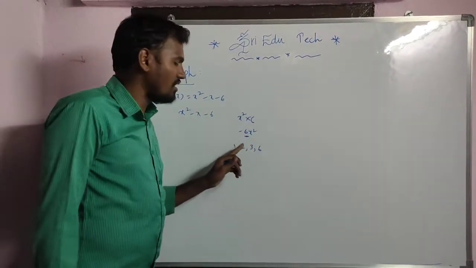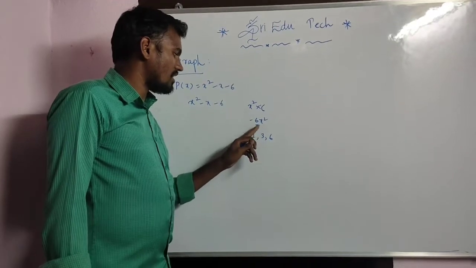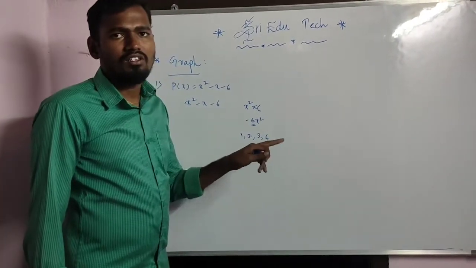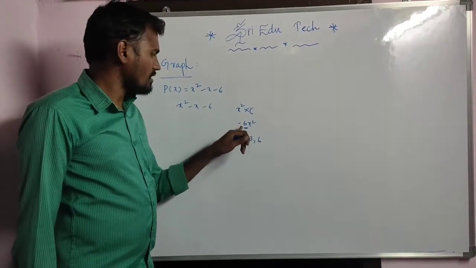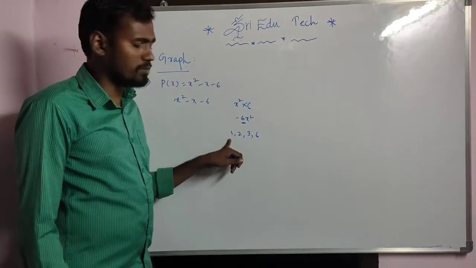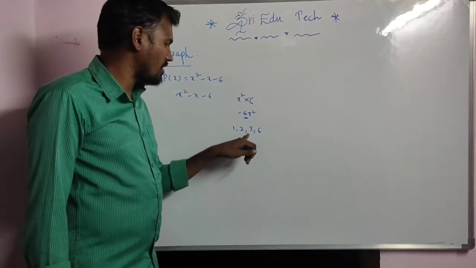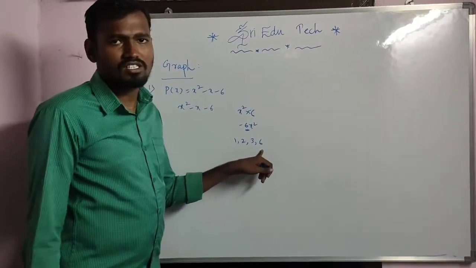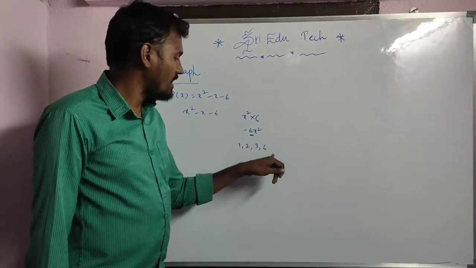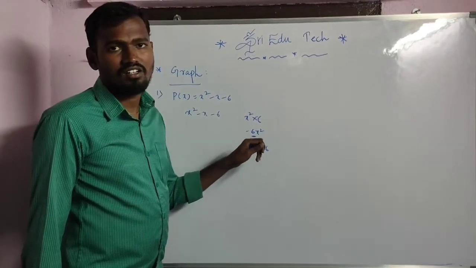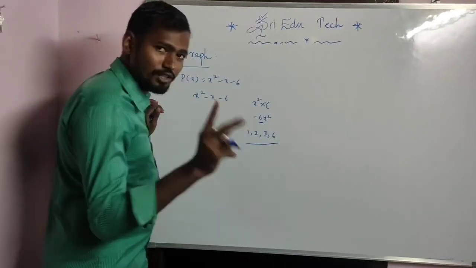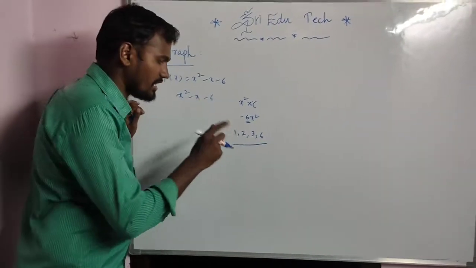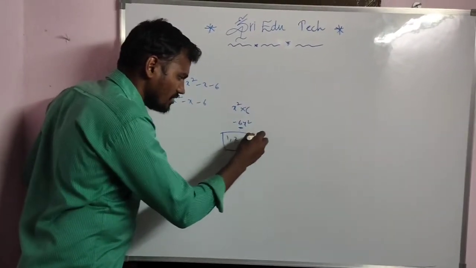So a factor means the number for which the table contains it. See, in the 1 table 6 is possible, in the 2 table 6 is possible, in the 3 table 6 is possible, and in the 6 table 6 is possible. So that's why these are the factors of 6, right? So now from these factors you have to take any two.